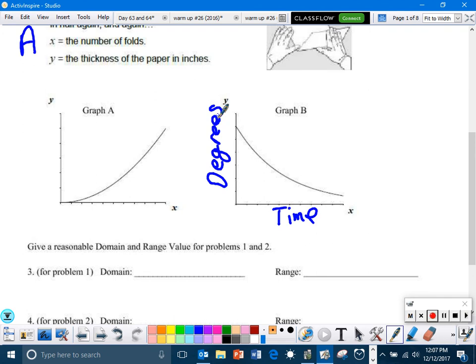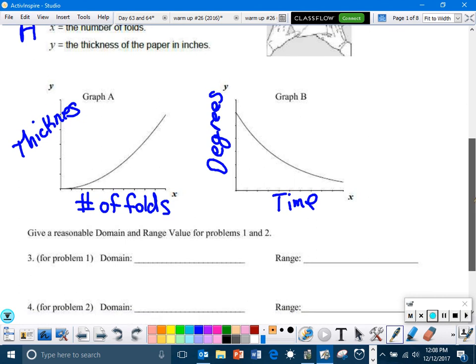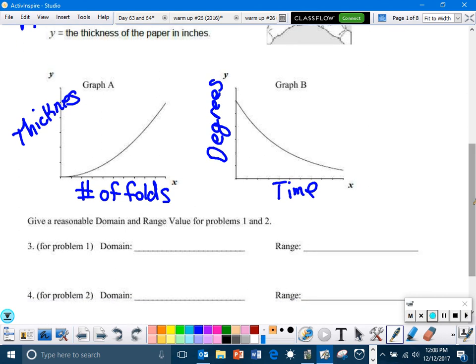Okay, for graph A, it's the number of folds, and then it's the thickness. Again, as you fold the paper, it gets thicker and thicker, so the line is going up. Graph B, as time goes on, the temperature goes down.